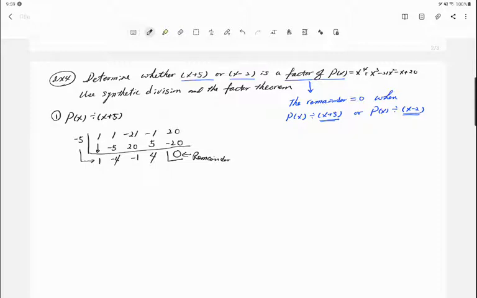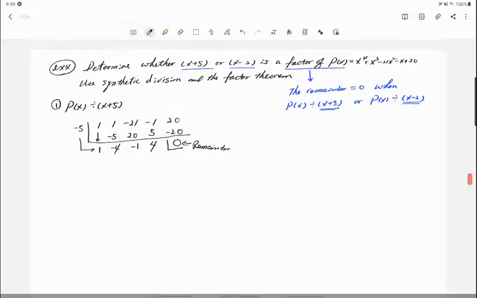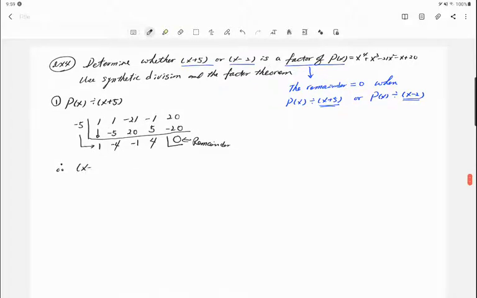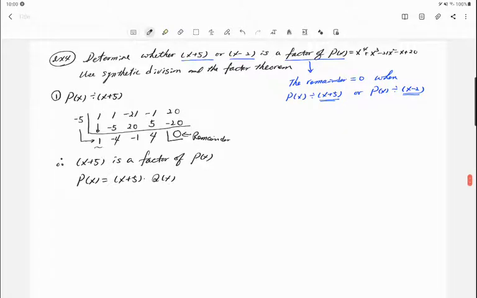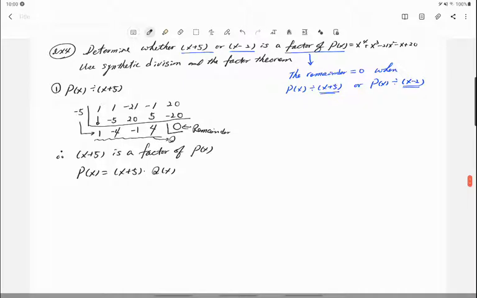By the factor theorem, x plus 5 is a factor of P of x. So P of x is x plus 5 times something, and this something is this quotient, q of x.